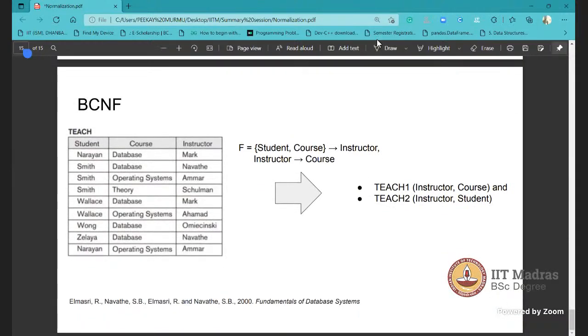So we take another example. Suppose this is the functional dependency: student and course determine instructor, and instructor determines course, right? So what is the candidate key? Can you tell me?